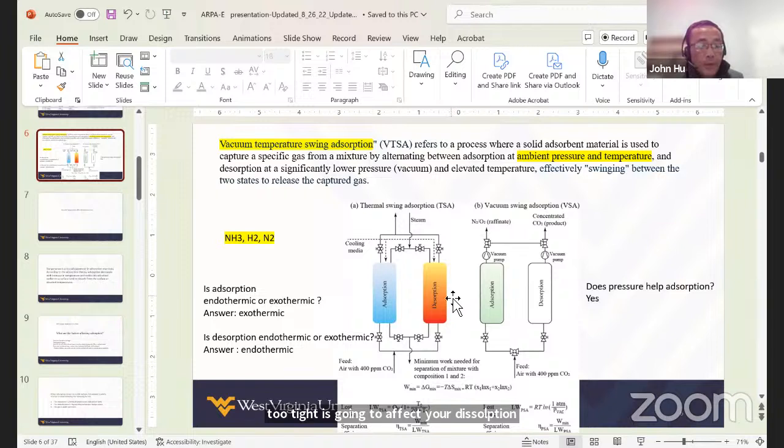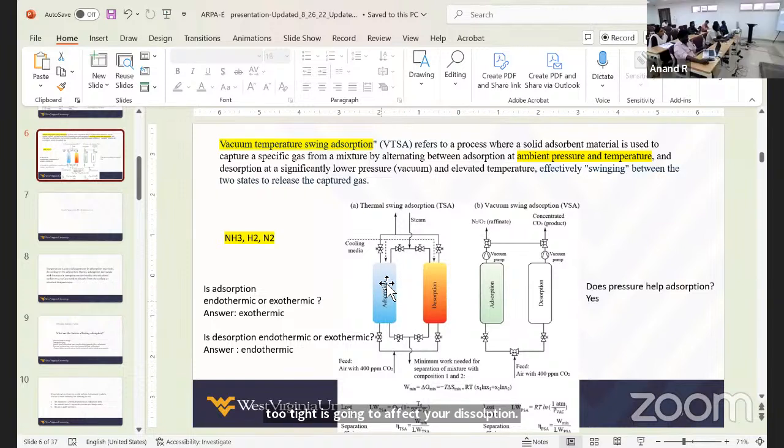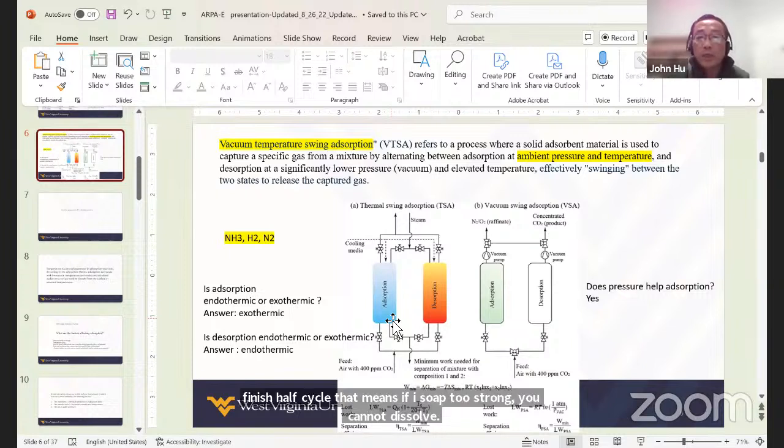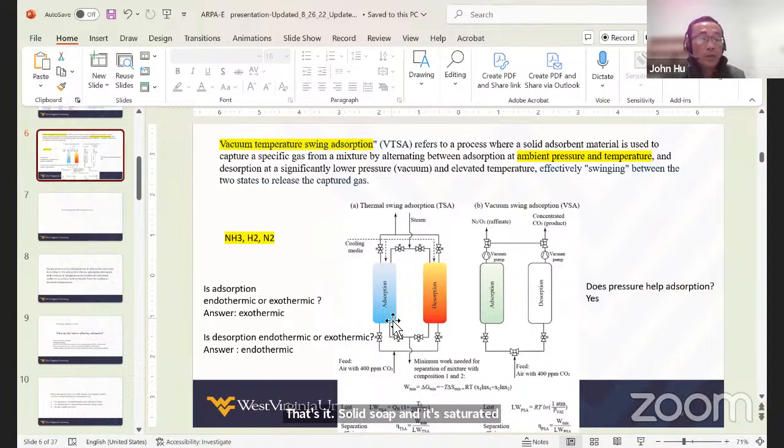You understand what I'm saying? This solvent has to be regenerated. You adsorb, you desorb. Adsorb is only half the story. You finish half a cycle. If you adsorb too strongly, you cannot desorb. That's it. Your solid solvent is saturated. You cannot use it anymore. All right. So this has to be the swing.